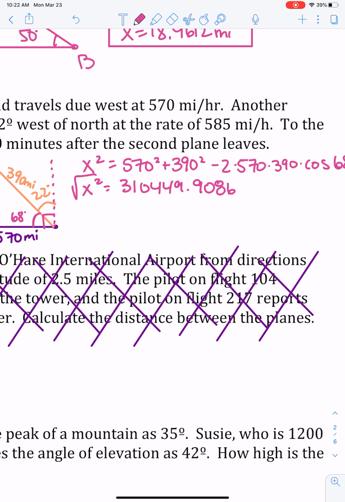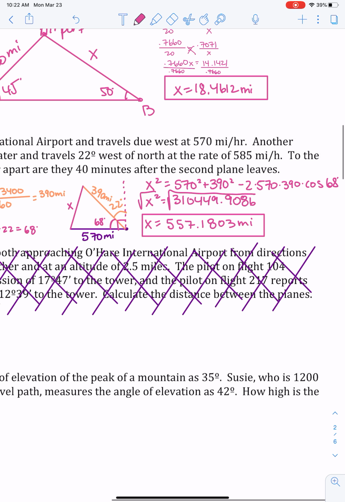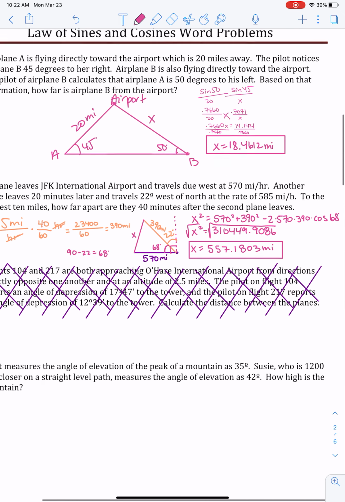Okay, square root that so that I can get 557.1803 miles apart. It makes sense. My picture's not perfect in the drawing, but 570, 390, it's somewhere in between there. That's how far apart they were. So they're not going to crash anytime soon.